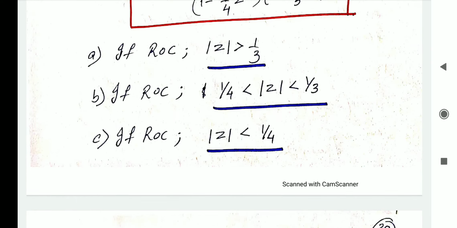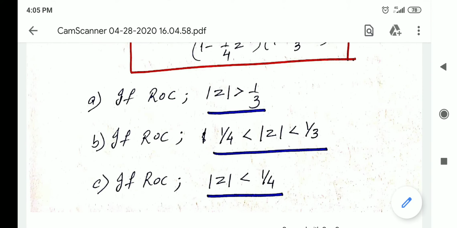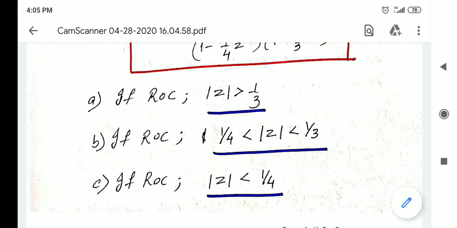Now what are we concluding from these three ROCs? The first ROC says that mod of z is greater than 1 by 3. That means this is completely a right-sided sequence. And this one says that mod of z is in between 1 by 4 and 1 by 3. That means this is a two-sided sequence where we'll be having an ROC in the form of a ring.